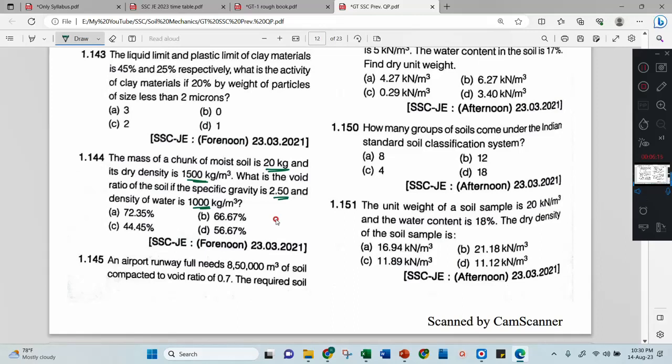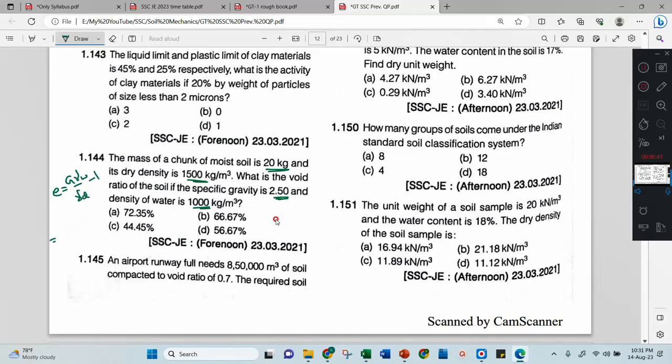How to do? 20 kg, 1500. Void ratio they are asking, specific gravity 2.5, gamma D this one. E we can get. E equal to G gamma W divided by gamma D minus 1.